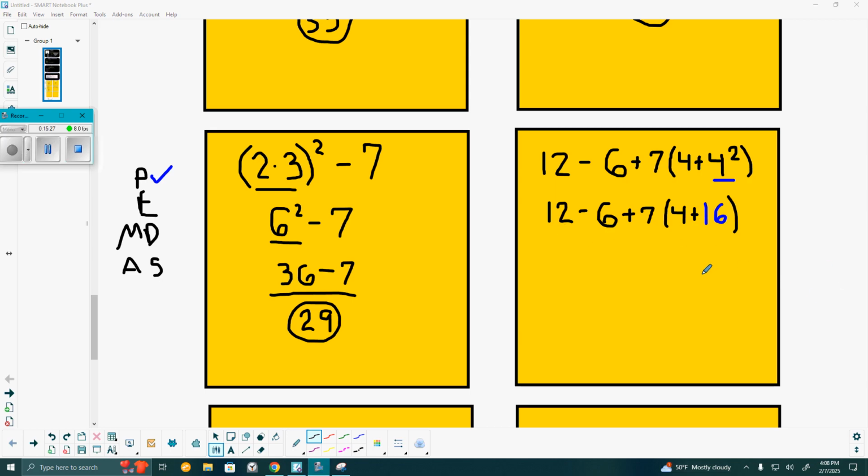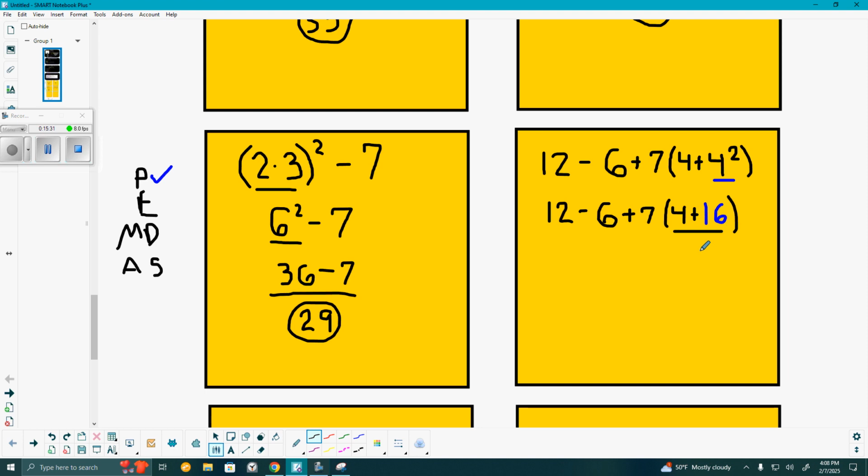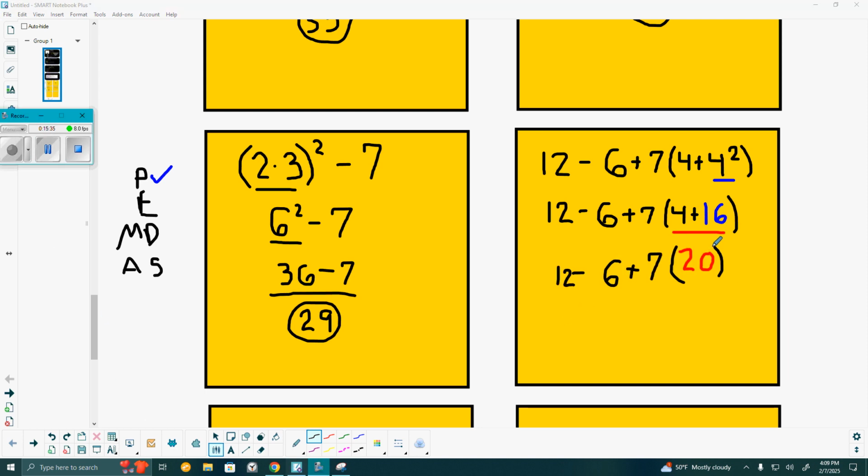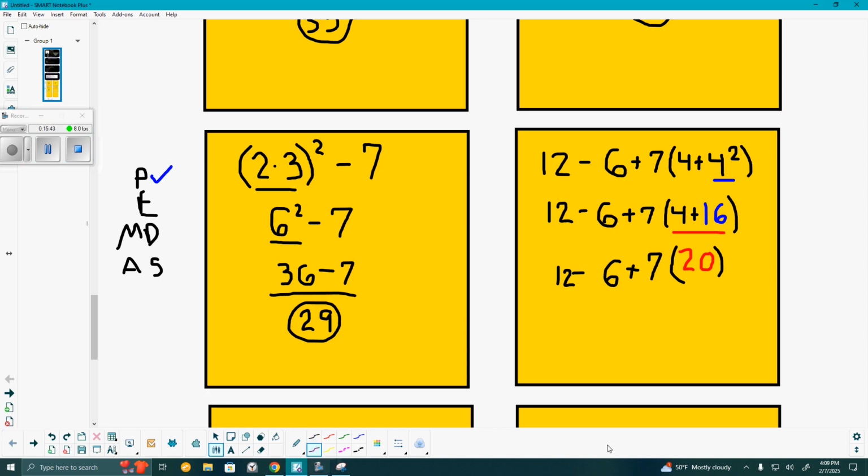Now I'm still inside my parentheses. 4 plus 16 is 20. Notice how I only replace what I underline from the previous line. Anything I'm not using drops down. And I just keep going.